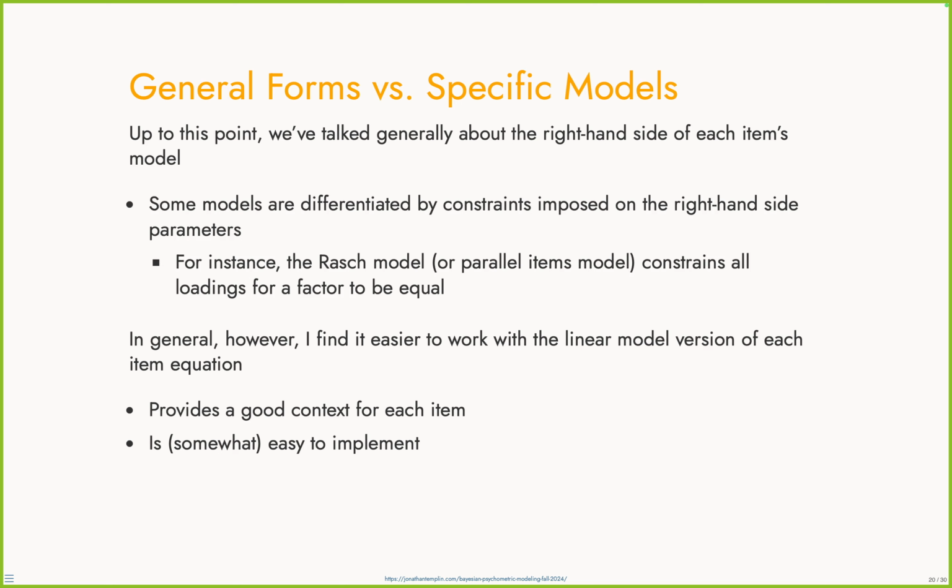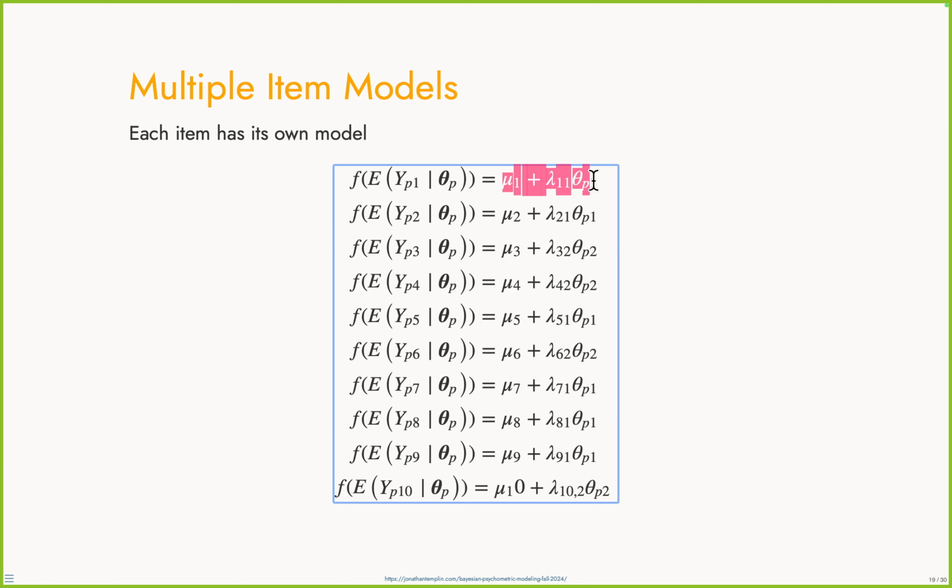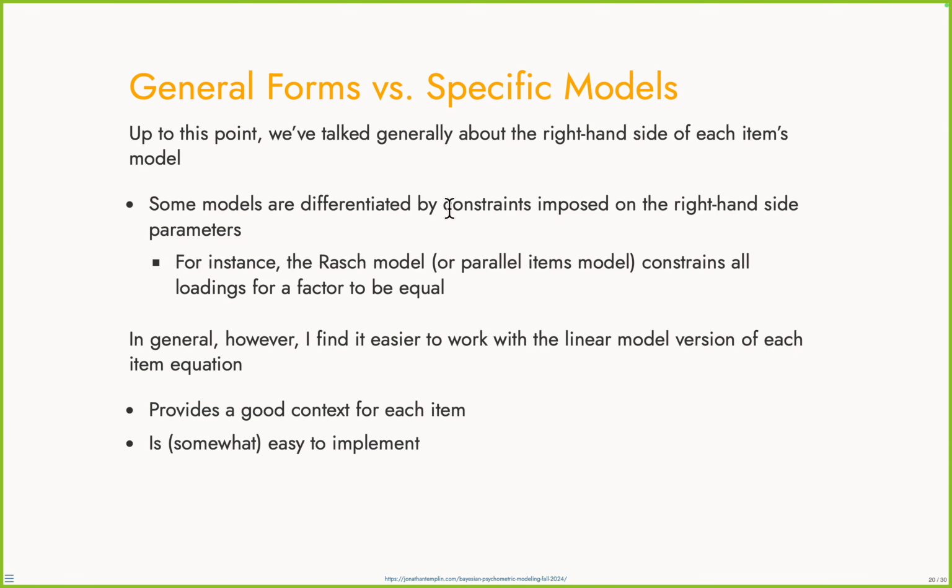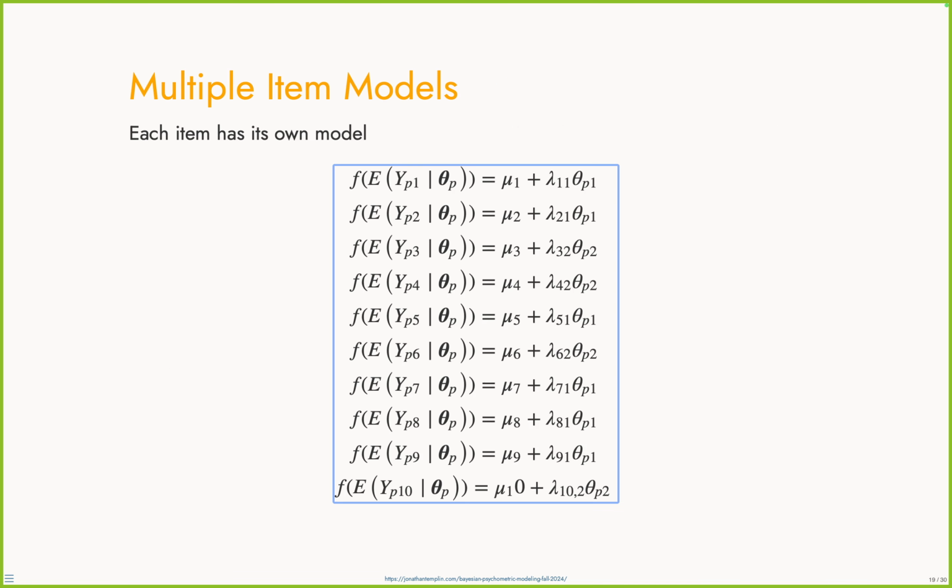So up to this point, we've talked generally about the right-hand side of each item's model. I will note that there are some models that get differentiated by constraints placed on these parameters, right? So the right-hand side, everything that's right here. For instance, a Rasch model is often a model where we constrain each of our loading or discrimination parameters to be equal, and we estimate the variance of our latent variable.